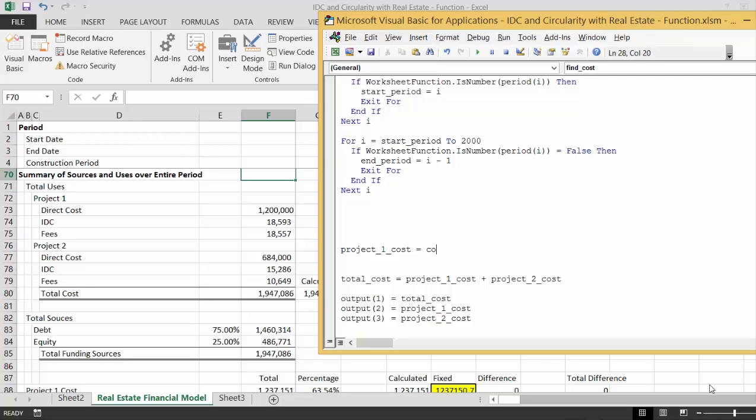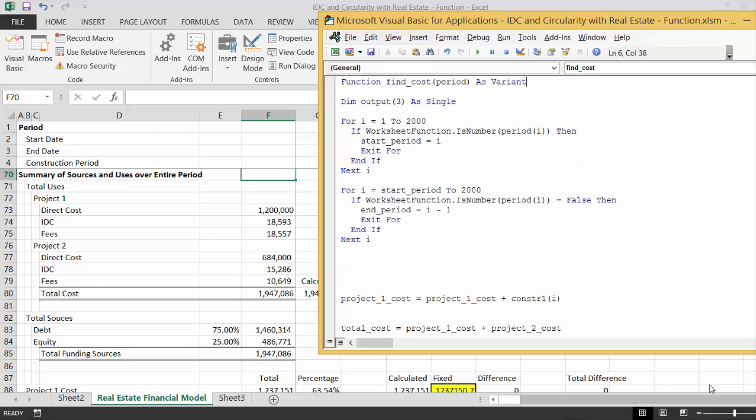Okay, and now we need to define this constr1.